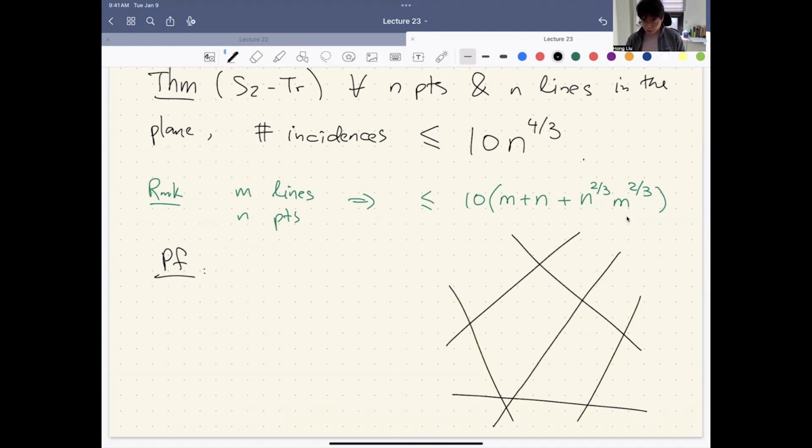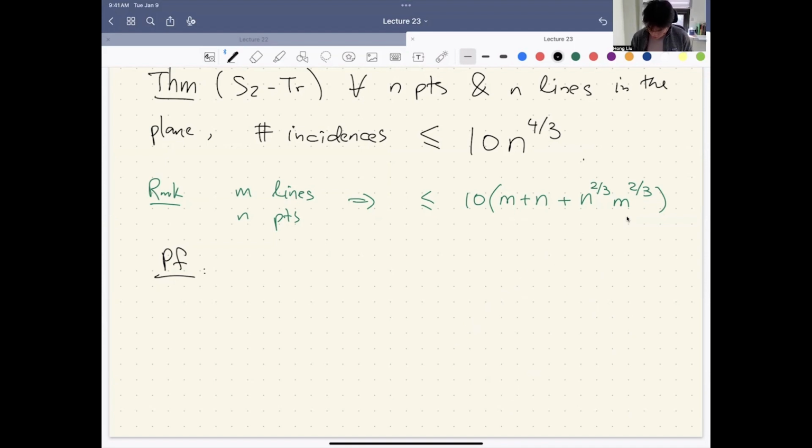Suppose this is our line. I want to draw it in a prettier way. One second, let me try it again. Okay, like this.